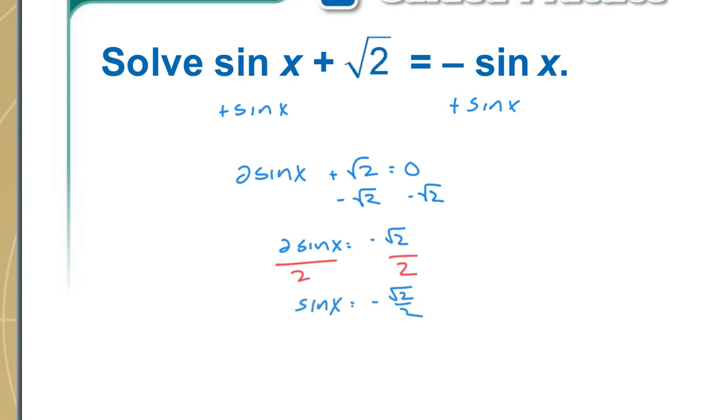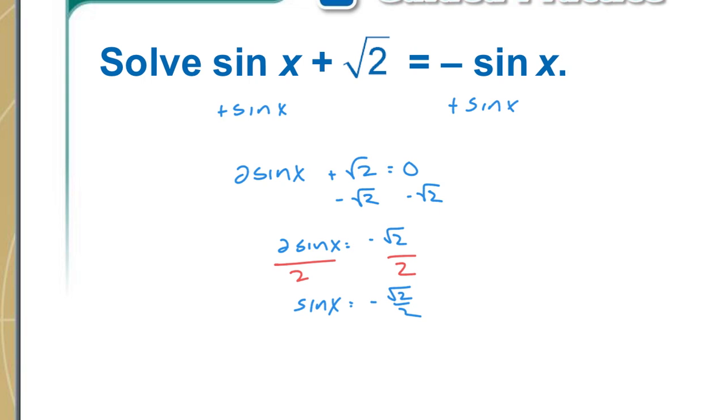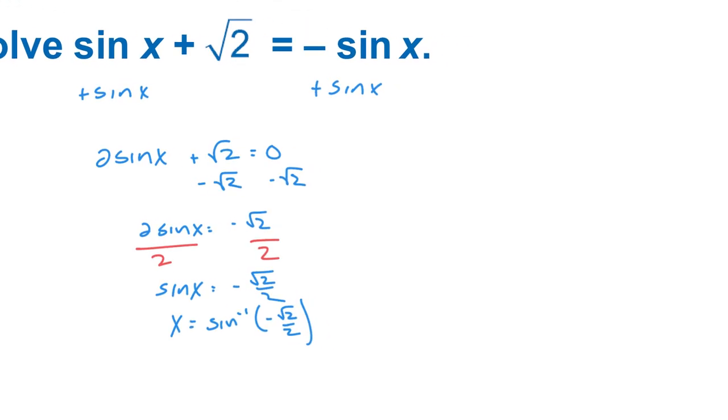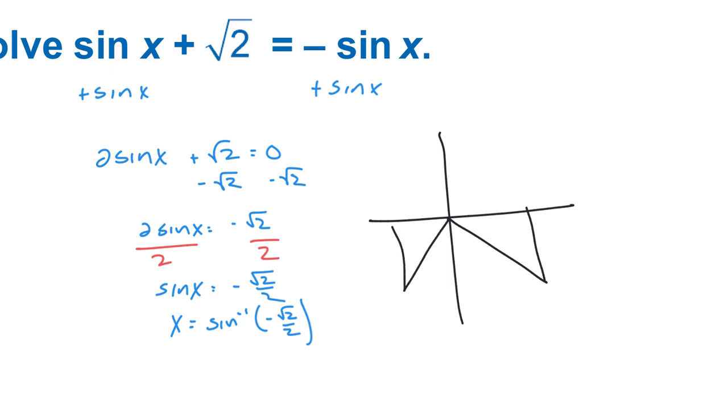Okay, so we're trying to figure out when x is going to be equal to negative root 2 over 2. So x equals inverse sine of negative root 2 over 2. Well, let's picture our coordinate plane here. Sine is going to be negative in the 4th quadrant and again in the 3rd quadrant. So let's make our right angles here.